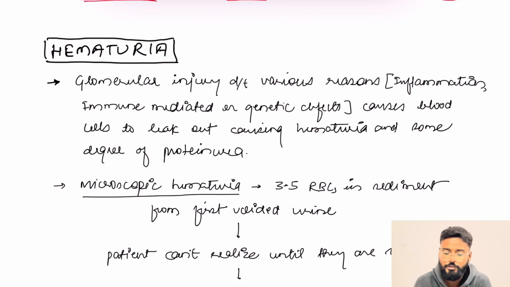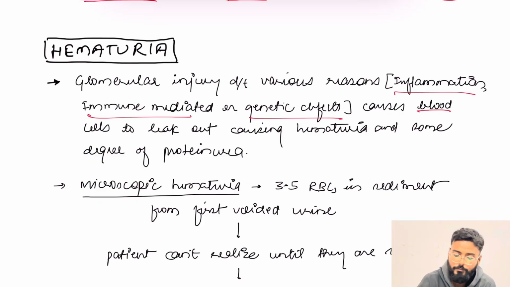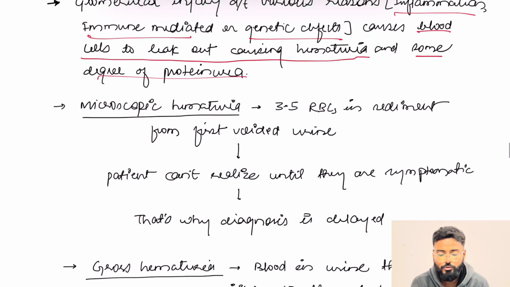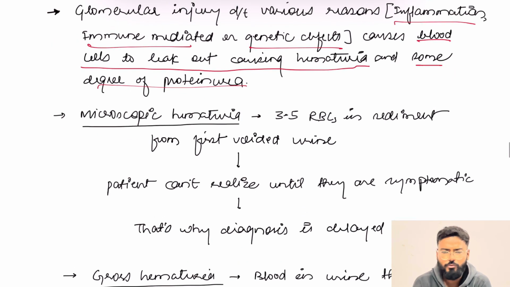Now hematuria, see, whenever your glomerulus gets injured due to various reasons, that is inflammation, could be immune mediated, genetic defects and all that, this causes blood cells to leak out from the glomerulus, causing hematuria and some degree of proteinuria. This is only because your glomerulus is damaged.